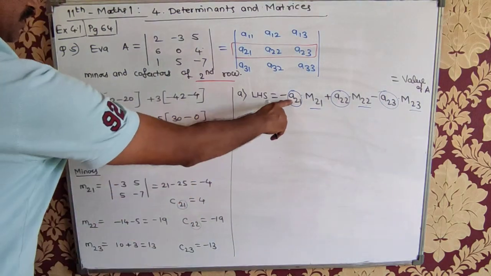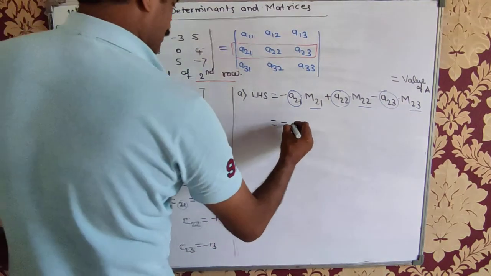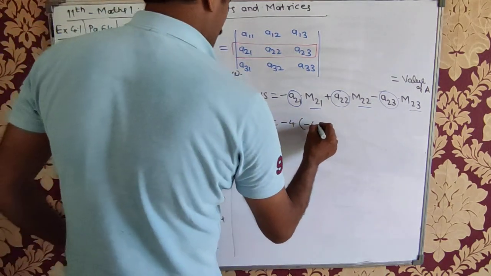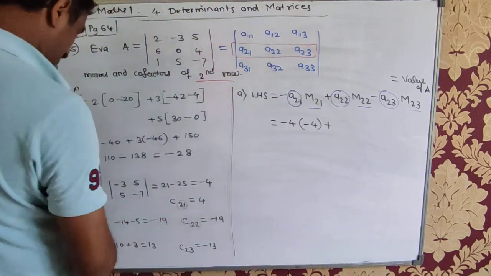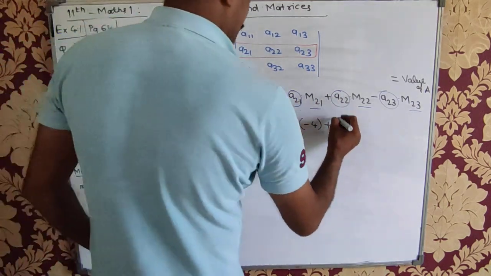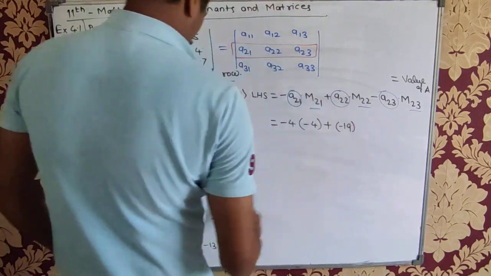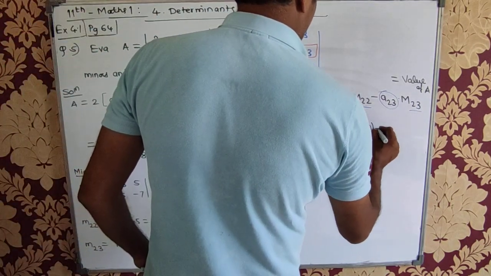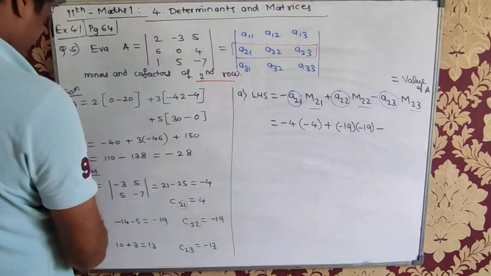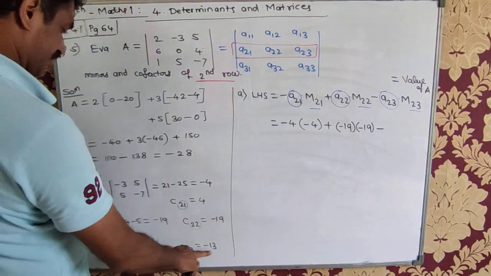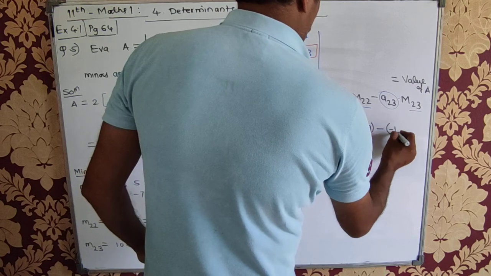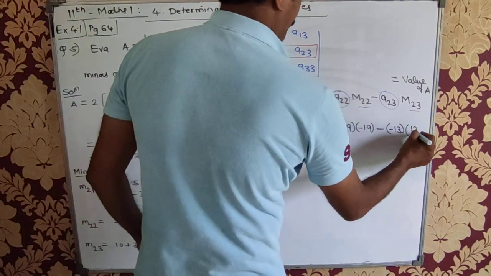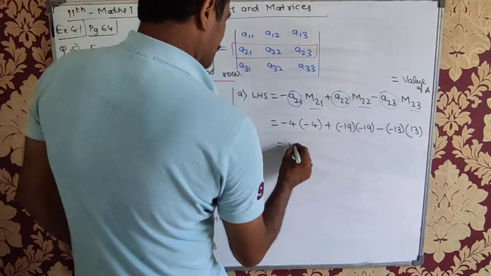Minus. It is C21, that is minus 4 into M21, plus cofactor 2 वाला minus 19 into M22, minus A23, that is C23 minus 30... 4 4 the 16.